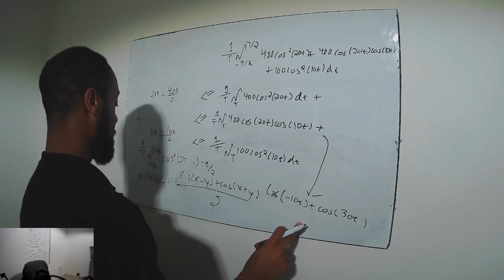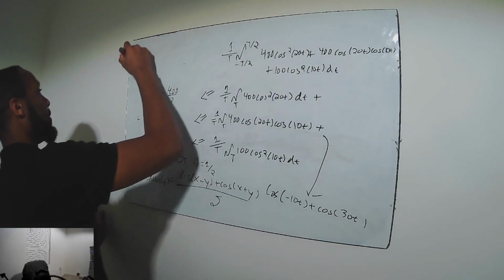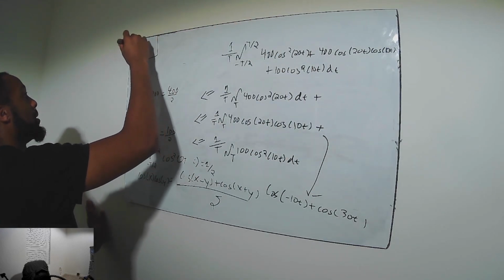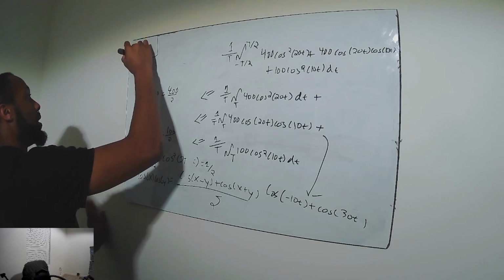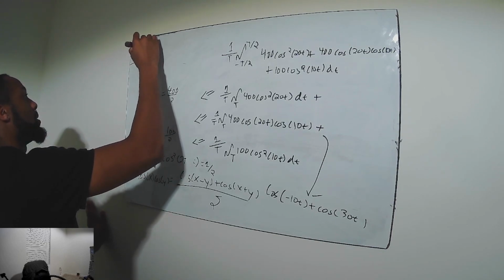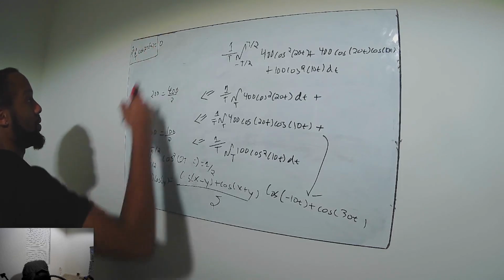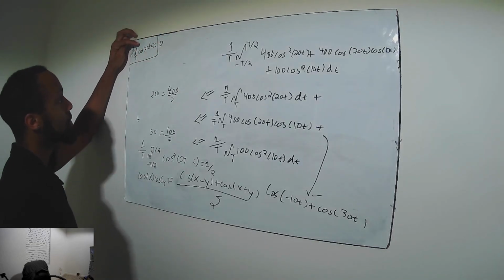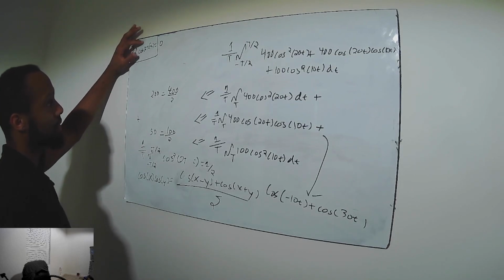Now we're going to use another property, which I'm going to put here in the corner in a little box. When you have 1 over T of the integral over the period of a cosine of 2 pi f t, you actually end up with 0, because you're integrating over one period of cosine, with the negatives and the positives canceling out.